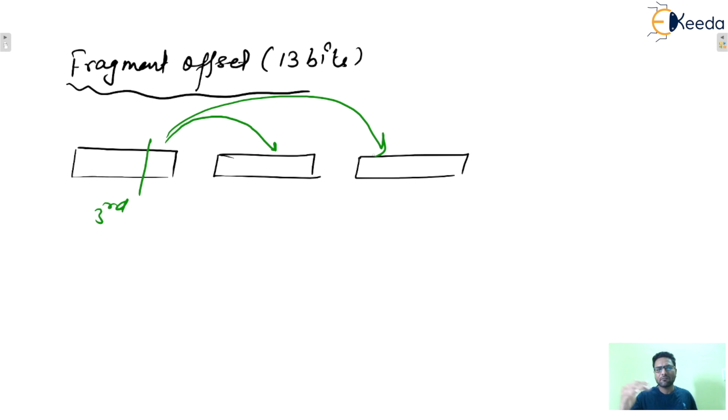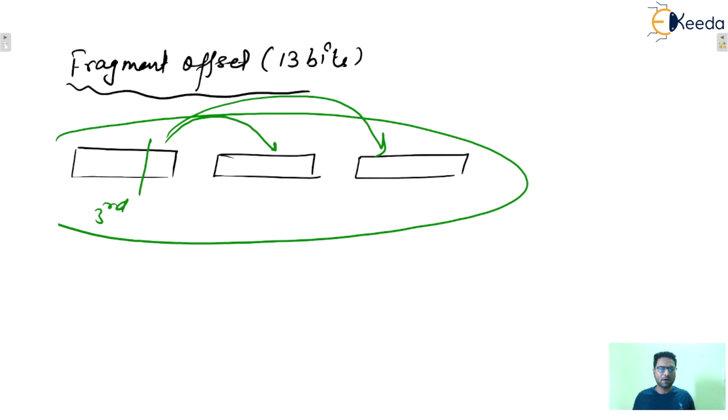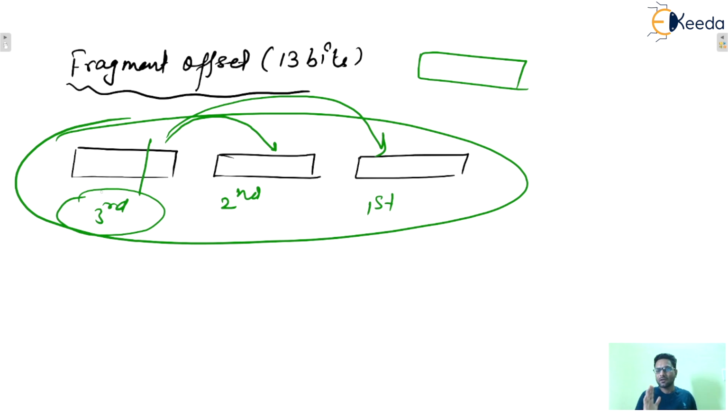Immediately after this header, I will cover fragmentation. Let's say these are the fragments corresponding to one datagram. That is the first fragment, this is the second fragment, and this is the third fragment. For the third fragment, how many bytes of data are ahead of it can be easily calculated with the help of fragment offset. Let's say this datagram has ID number 2.